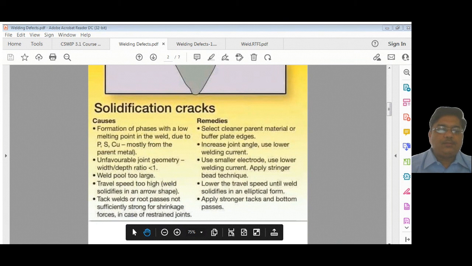I had some photographs to show. Maybe you can share some photographs of large weld pool sizes.